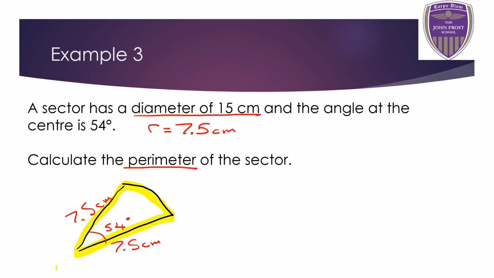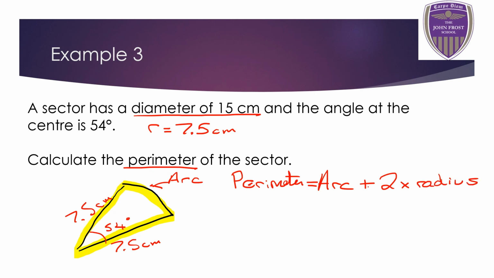Okay, so there's three parts to this. There is the arc length, and there are two radii being added together. Okay, so to condense the formula down a bit, the perimeter of the shape is the arc plus 2 times radius.